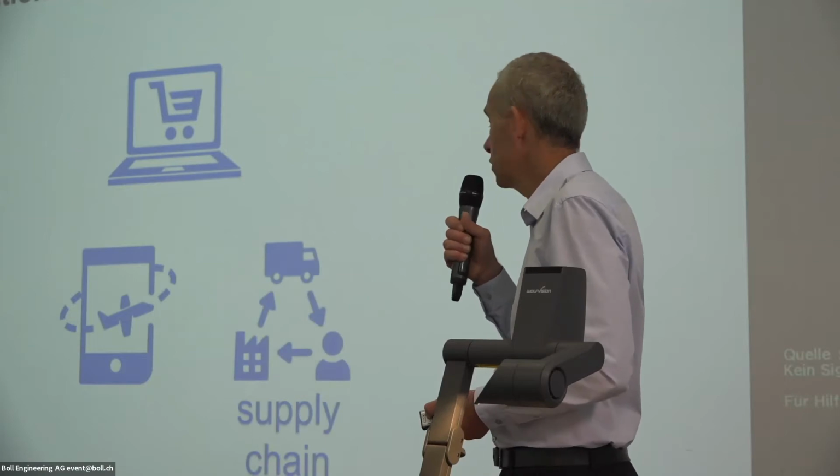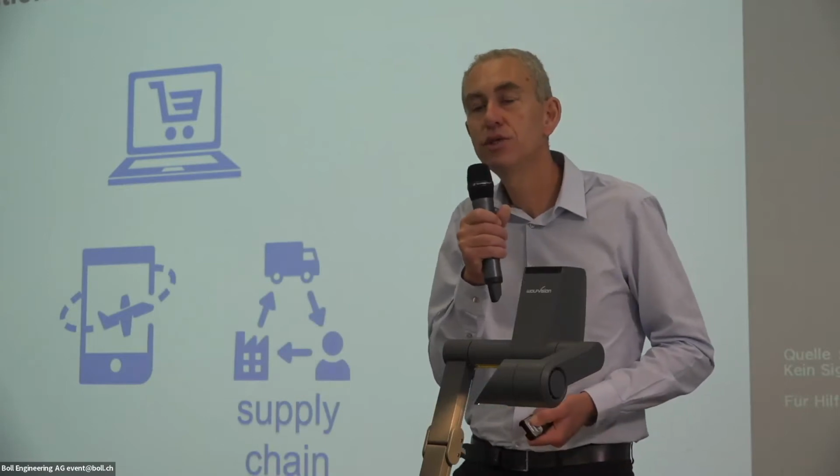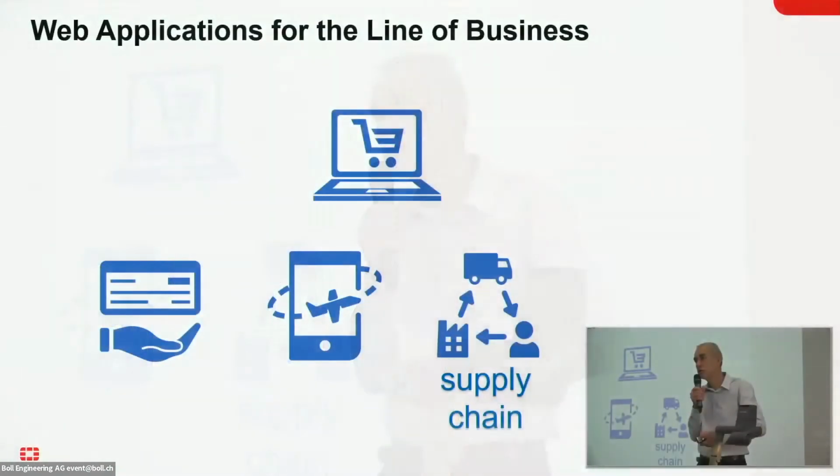The teams in your customer are all using web applications. That includes mobile applications, and supply chain, as I said, is using them to manage distributors and partners and to ensure warehouse supplies.